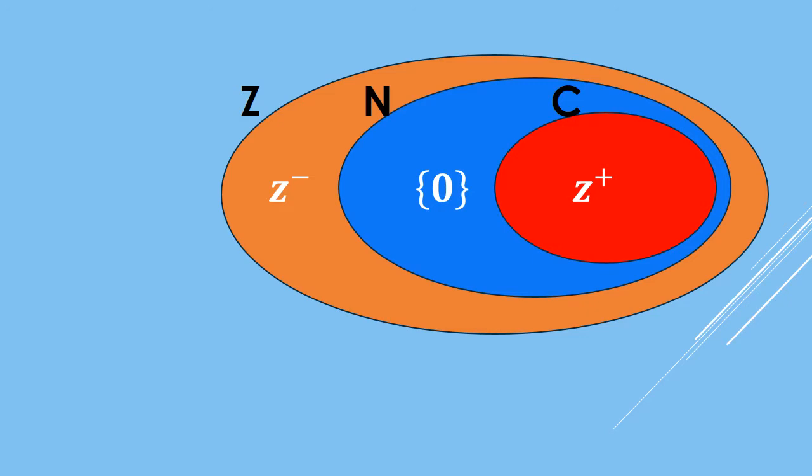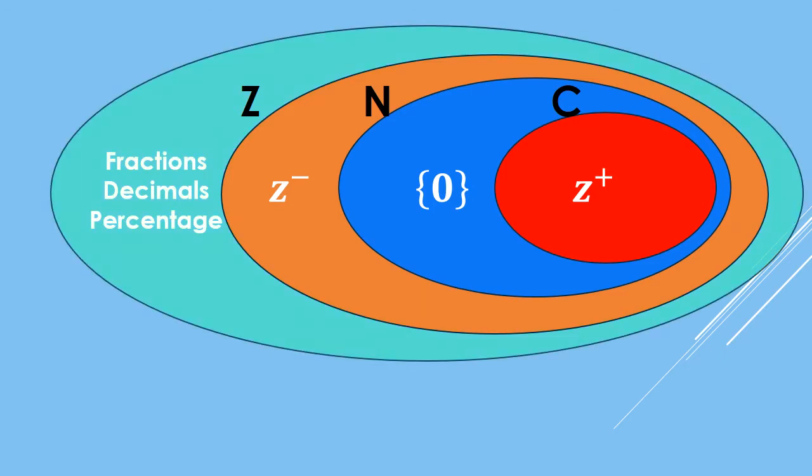And when we add the fractions, the decimals, and percentages to all integer numbers, you will have the rational numbers Q. So, counting numbers are a subset of natural numbers, a subset of integer numbers, a subset of rational numbers.